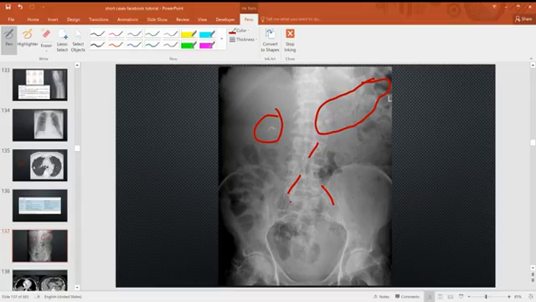Also, this is the right one, the left one, and the branches of the iliac vessels, and also calcification of the common femoral artery. So this is calcification in the region of the pancreas consistent with chronic pancreatitis, with arterial calcification involving the aorta and its main branches.